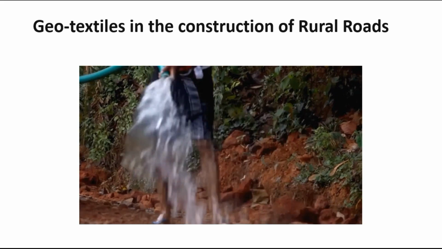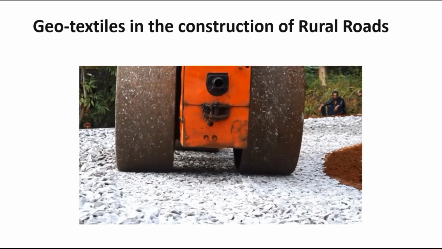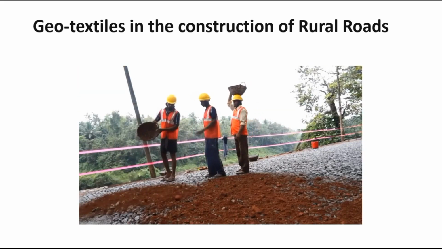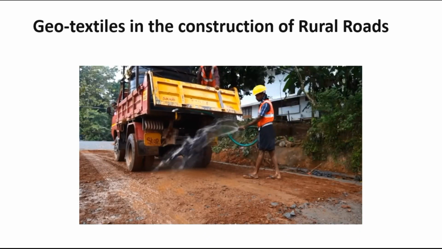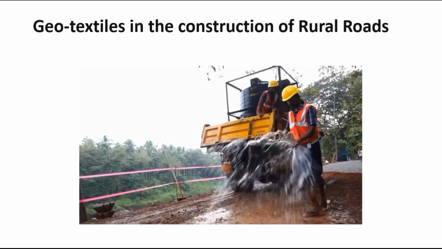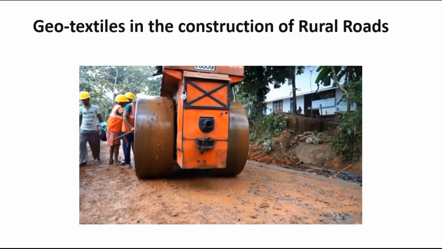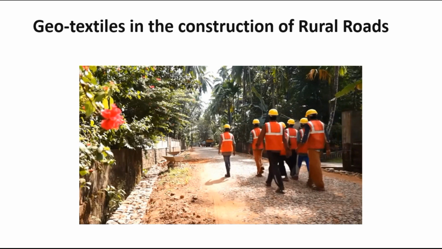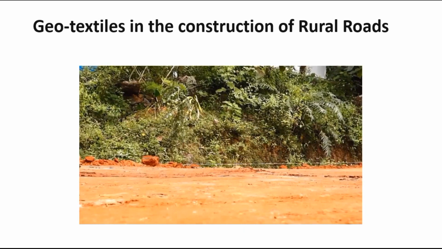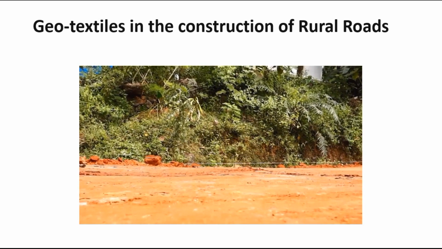Water is sprinkled over and it is then re-rolled. The next stage is spreading the binder earth on the surface, which is water rolled as per specifications. With this process over, it is allowed to cure or dry for a few days before the commencement of the next stage.